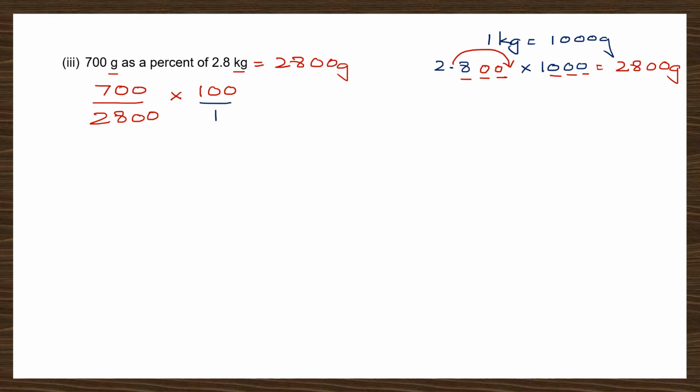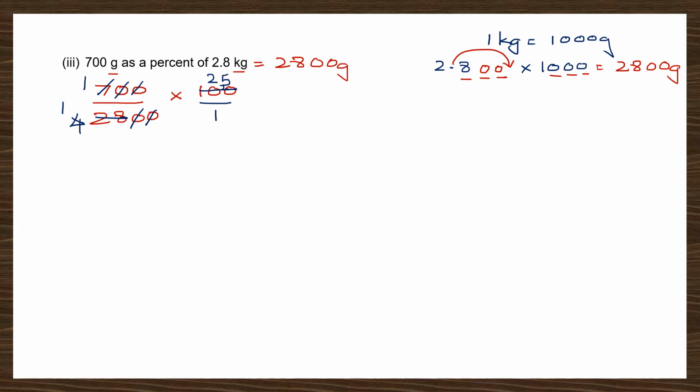Okay, now we can cancel all the zeros. I can cancel from 700 and 2800. I can still cancel 7 and 28. 7 ones are 7, 7 fours are 28. Now I have 1 in my numerator and 100. Can I cancel 4 and 100? Yes, I can cancel 4 and 100 by 4 itself. 4 ones are 4, 100. 4 twos are 8 and I have 20. 4 fives are 20.